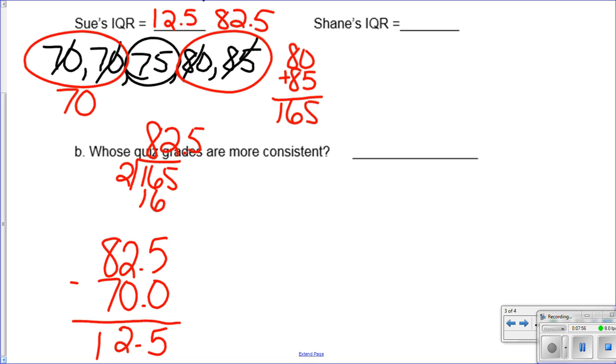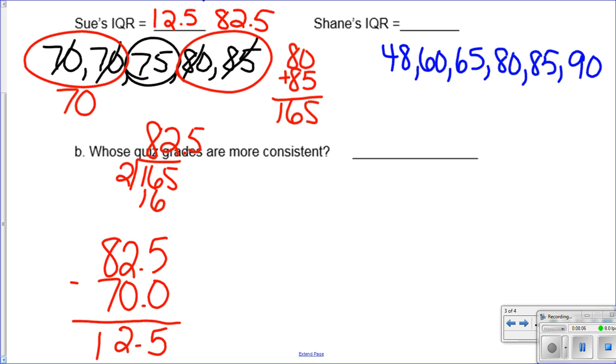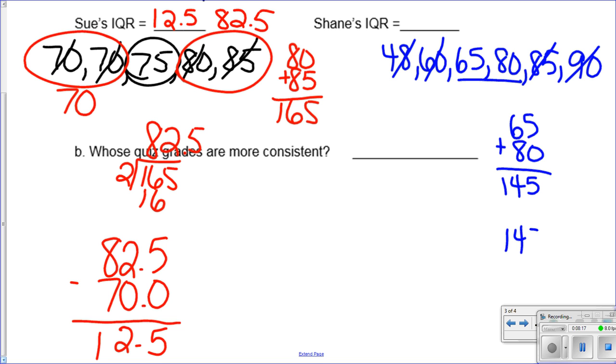Now working with Shane's data, putting that in order, 48, 60, 65, 80, 85, 90. You're left with 2 in the middle, 65 plus 80, 145. 145 divided by 2 is 72.5.